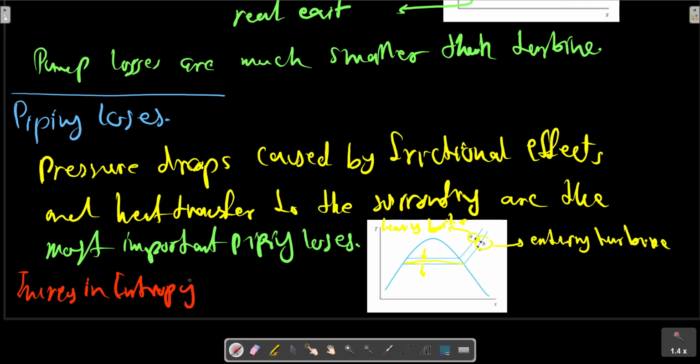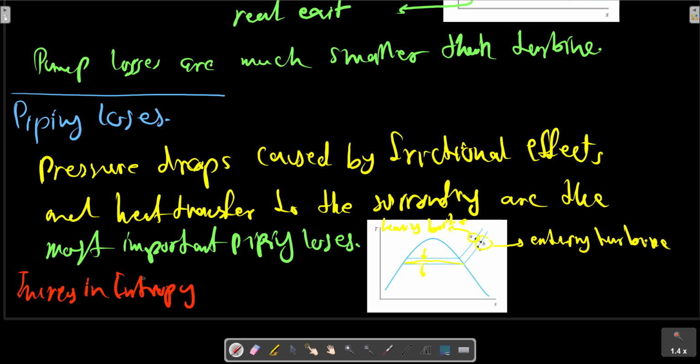Heat transfer to the surrounding at a constant pressure can be represented by the process BC. This effect decreases entropy. Both the pressure drop and heat transfer decrease the availability of the steam between the boiler and the turbine. The irreversibility of this process can be calculated by the method in Chapter 10.